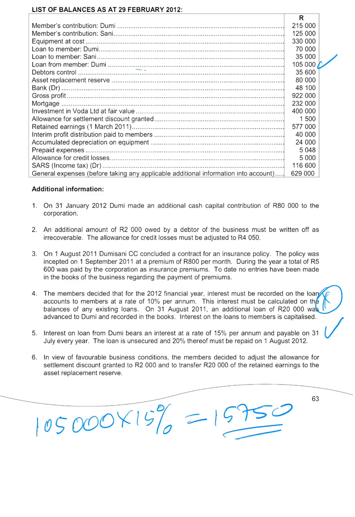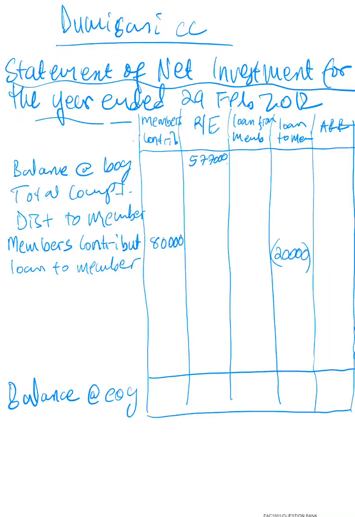Remember, they said interest is capitalized, so we are going to add the interest capitalized on our statement of net investment. The interest capitalized, we had calculated it as what? 9.5. So it is adding to the loan to members because it is not going to be paid.